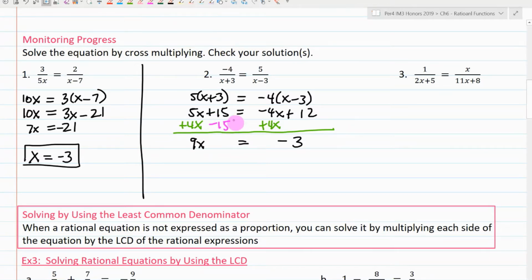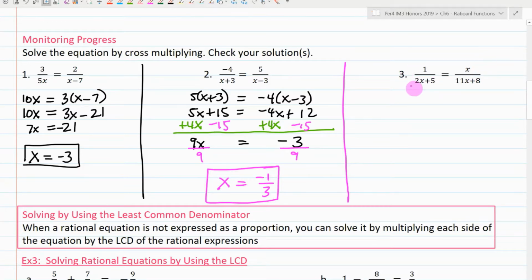A lot of people here will write 3 as their answer, or negative 3. You're dividing by 9. That's a negative 1/3. Now, let's say that you thought that you were supposed to divide by 3, and you got negative 3 as your answer. You wouldn't be able to use that answer anyway, because it makes this denominator 0.